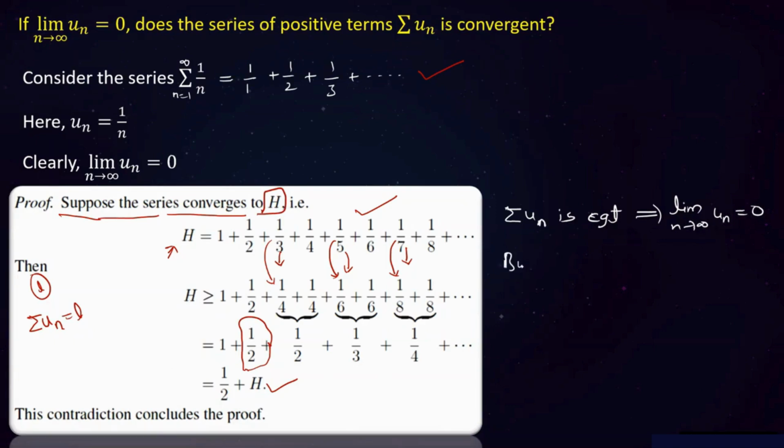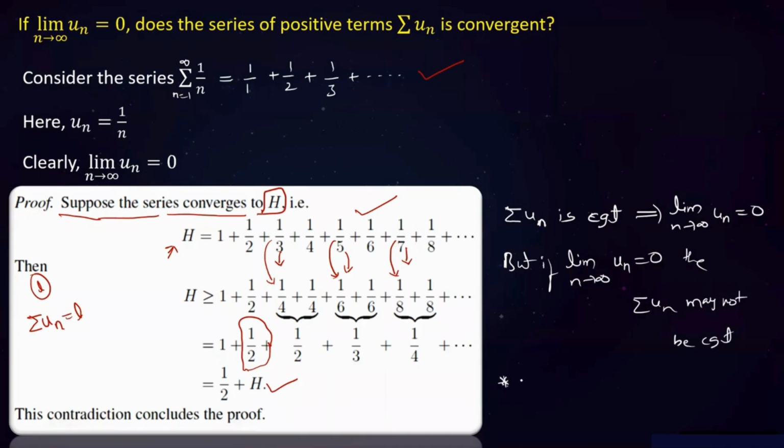But if limit n tends to infinity un is 0, then the series may not be convergent. You need to just remember this statement, and along with that, the most important point you should remember: in case the limit is not equal to 0, then certainly summation un is divergent.